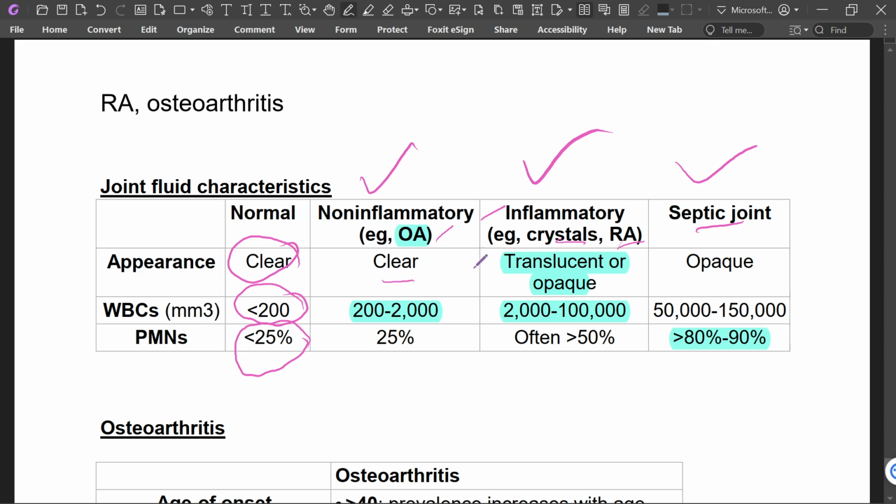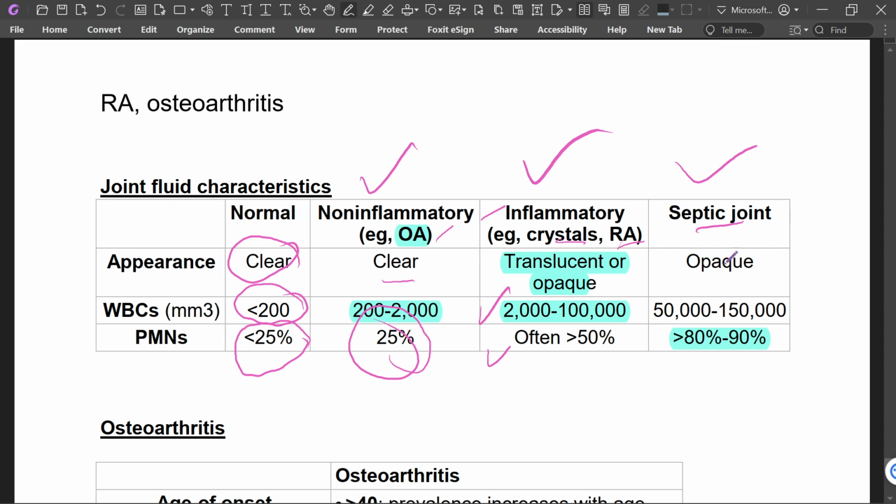Non-inflammatory fluid is clear, with WBC 200 to 2000 and PMN about 25%. Inflammatory fluid is translucent or opaque, WBC 2000 to 1 lakh, and polymorphonuclear leukocytes more than 50%.